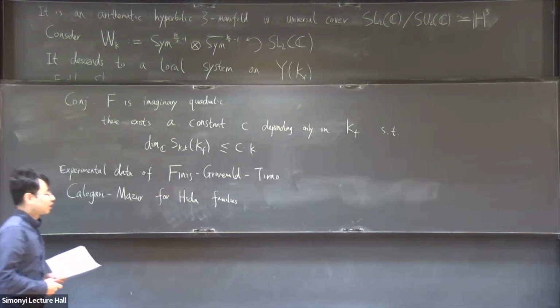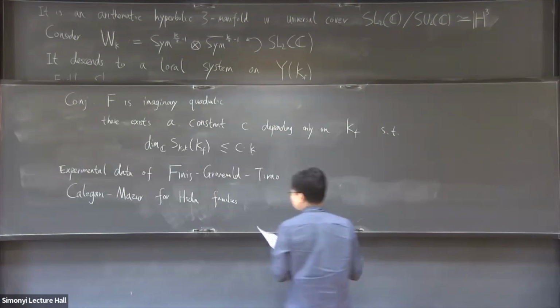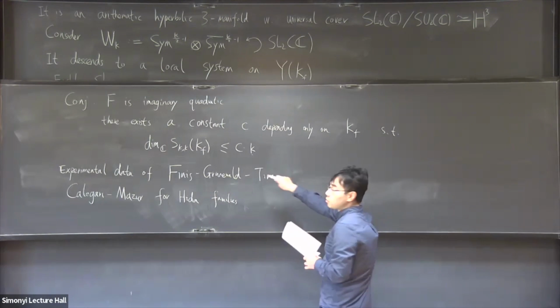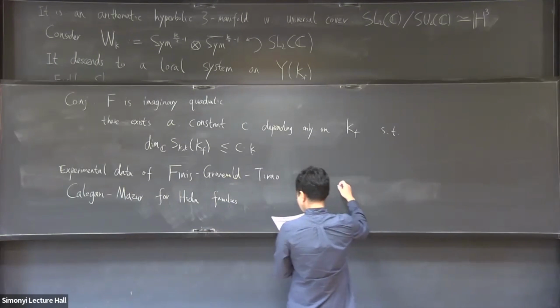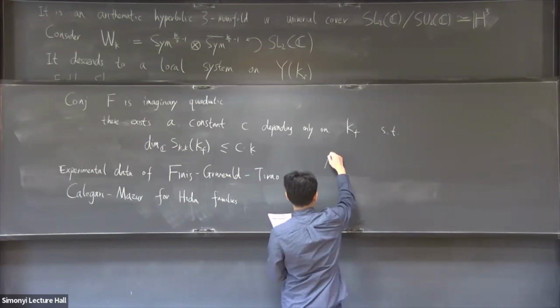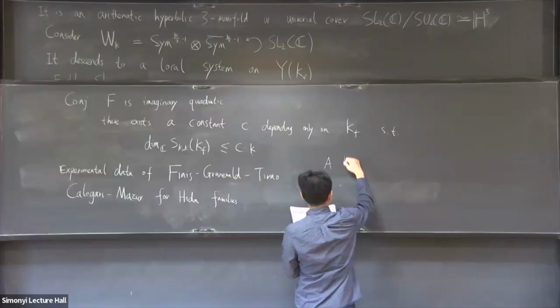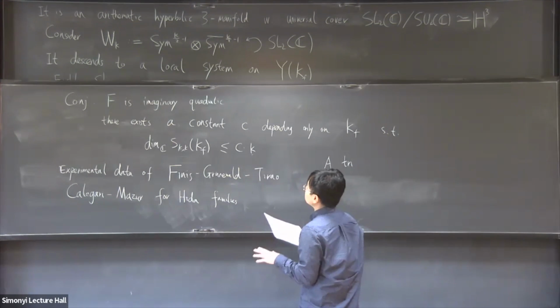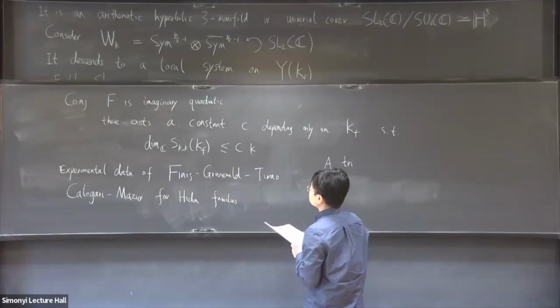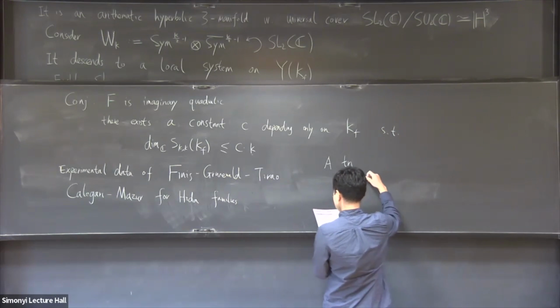And another remark is that there's a trivial upper bound, which would be a quadratic bound, because the dimension of WK is quadratic in terms of K.